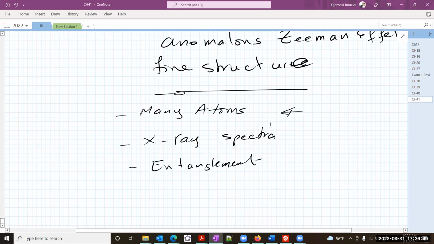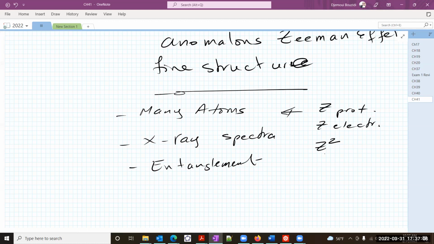But in many-electron atoms, you will have Z protons and Z electrons. So it looks like in this formula everything else will be corrected by Z squared. But that is not true because, for example, it's going to give me ridiculous radii and some nonsense results.